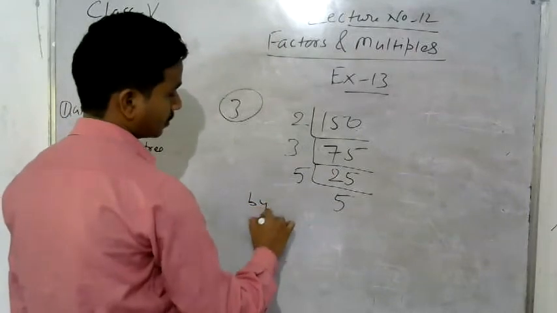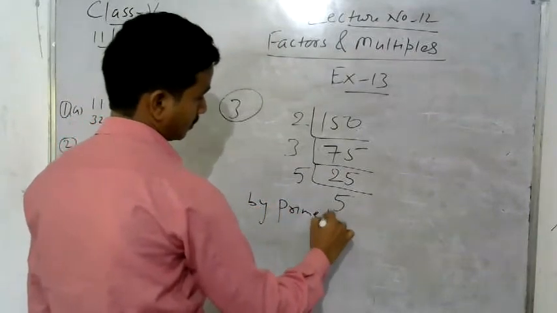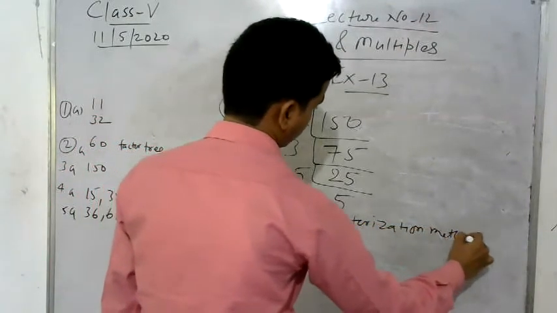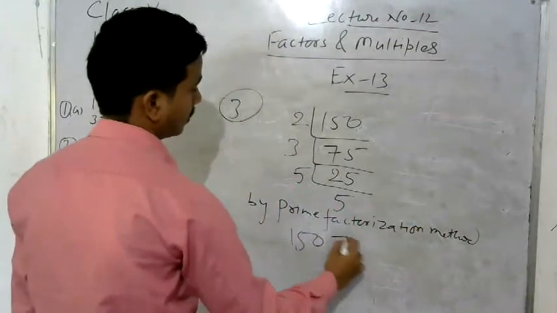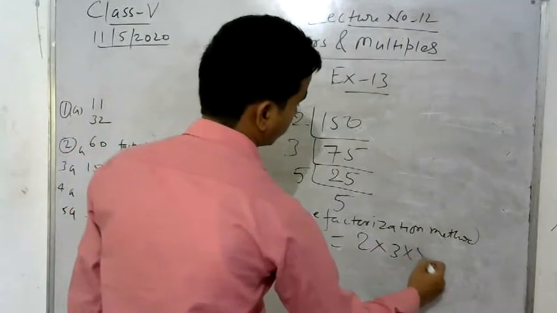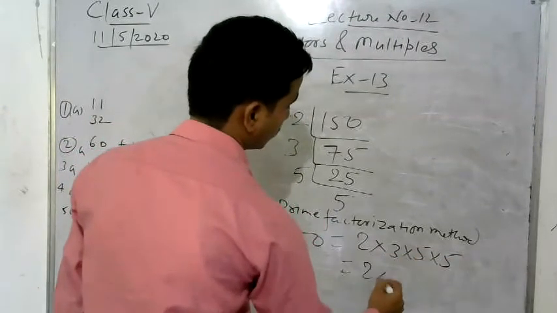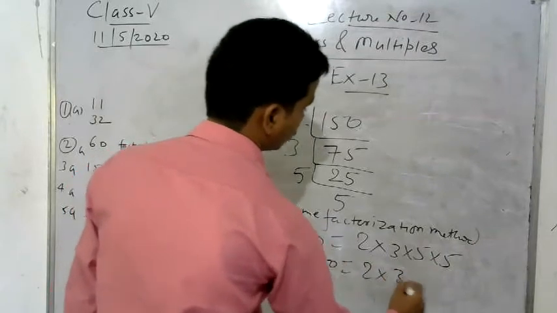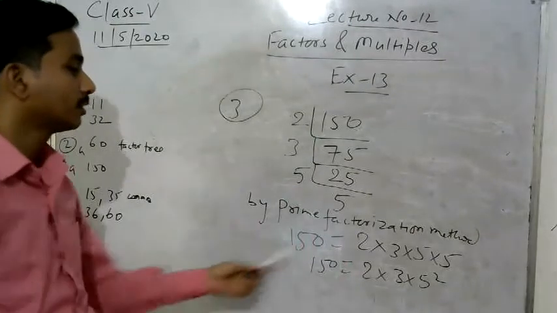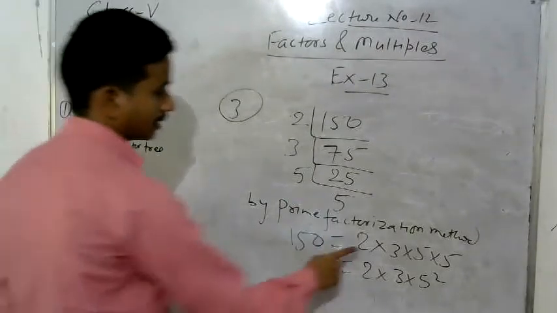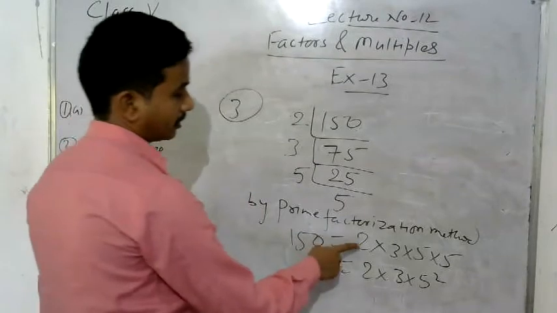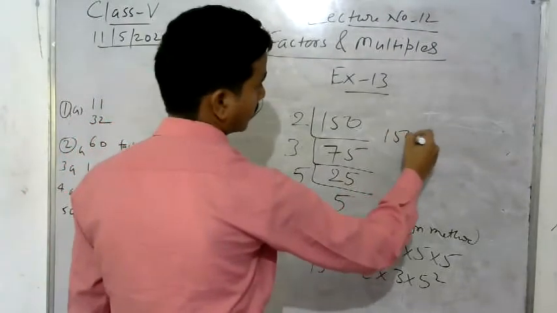So by the prime factorization method, 150 can be written as 2 multiplied by 3 multiplied by 5 multiplied by 5. Or we can also write 150 equals 2 into 3 into 5 square. In this way, you will find all the factors. Besides it, 1 and 150 will also be factors of 150.